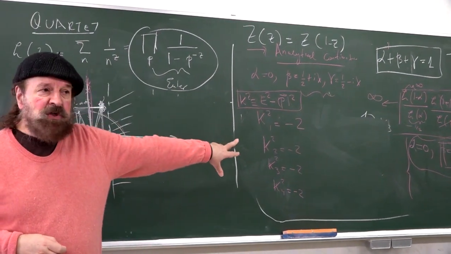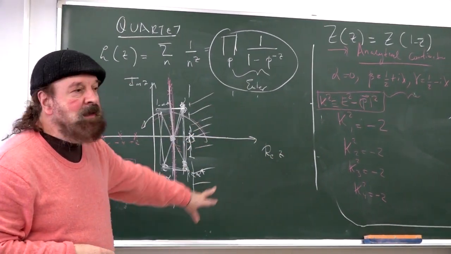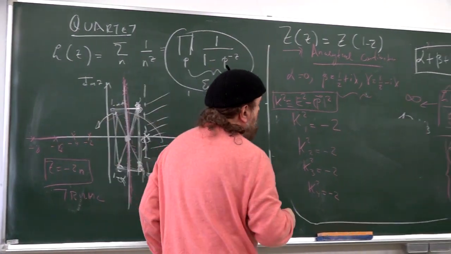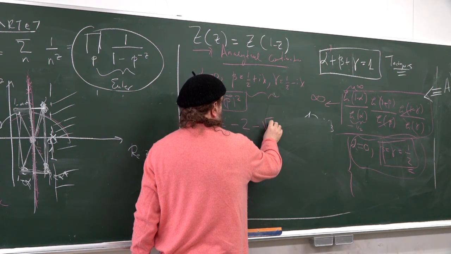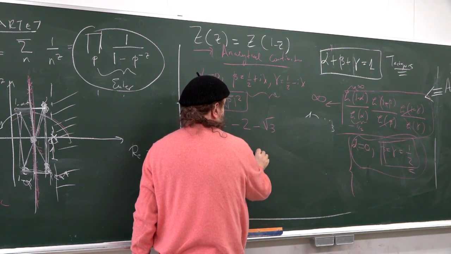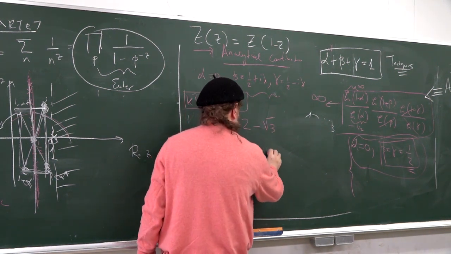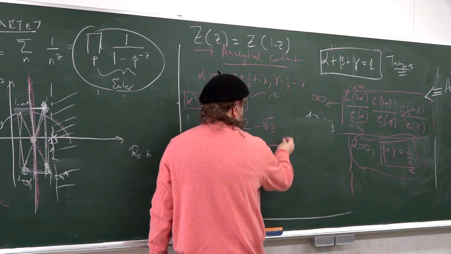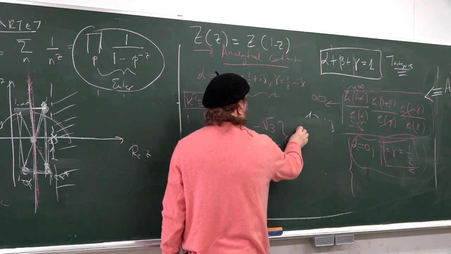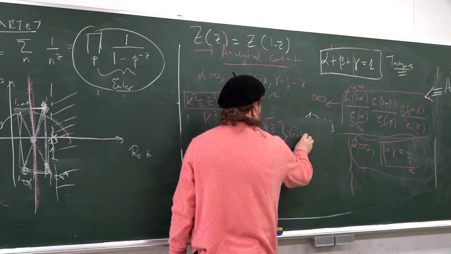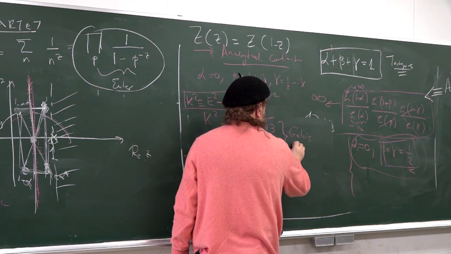Now, when you go off shell, you're going to deviate from these values, and you're going to get something like this when you do all the calculations, which is in the paper. For the mathematicians, these values are what you call Galois conjugates.